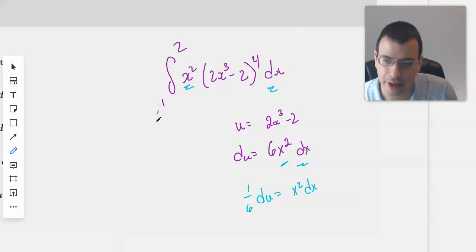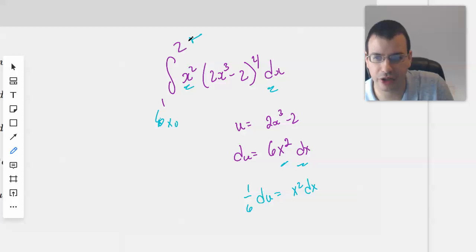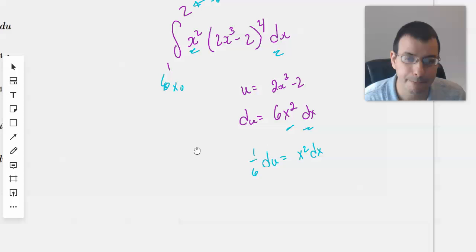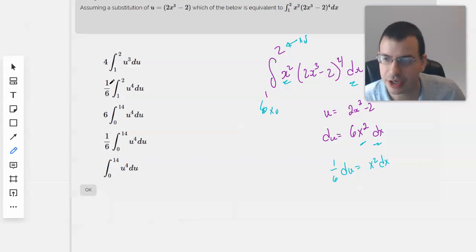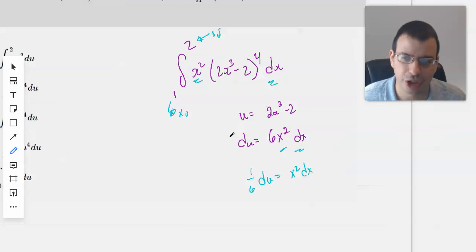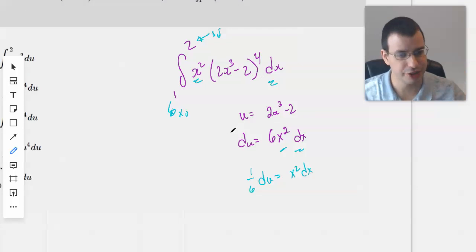I'm going to call this x initial and this x final, and we should convert those over to u's, because we're given different start points and end points. It's probably 0 to 14, but we should convert the limits of integration.